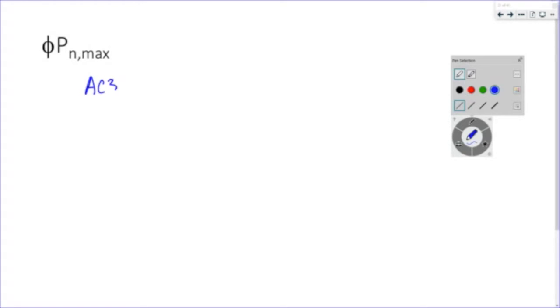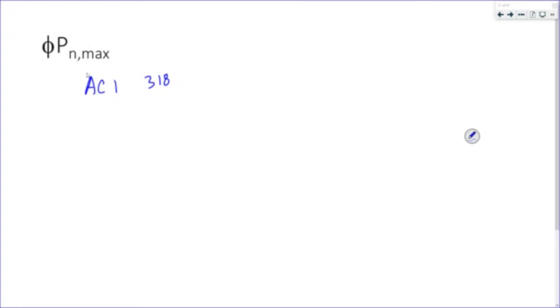ACI 318, 22.4. It's on the other side from the beta 1, so it's page 400. My nominal axial capacity is limited to this PN max. And we're talking about non-pre-stressed.